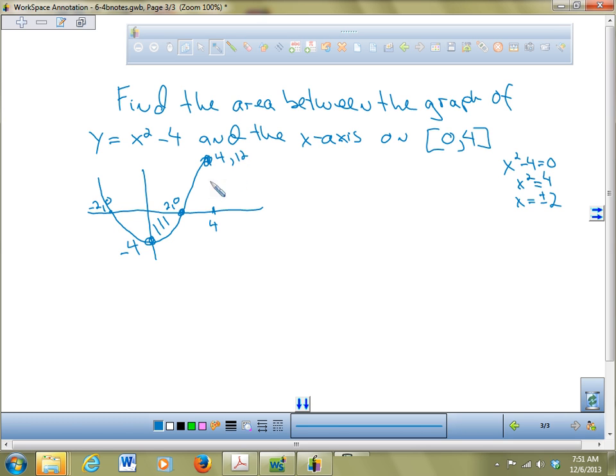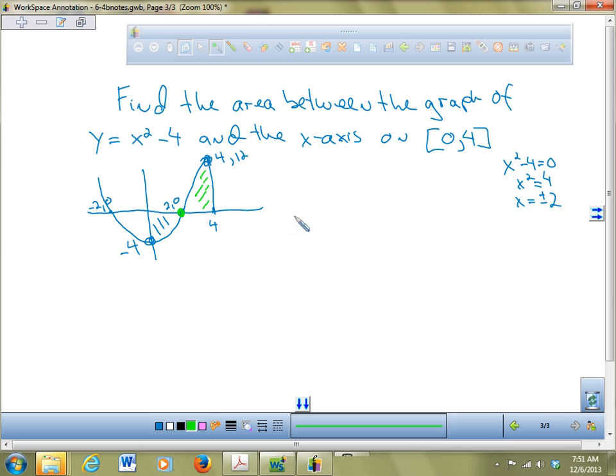So that's the point (4, 12). All right? So I'm going to make this area green. Okay? So you want to put together this plus this, where you want to take the absolute value of that, right? And so what that entails is breaking this up into two separate integrals.